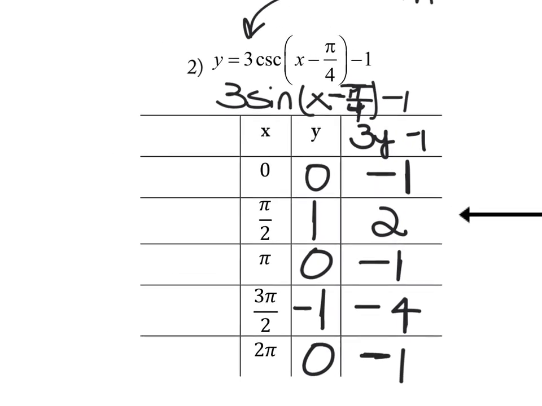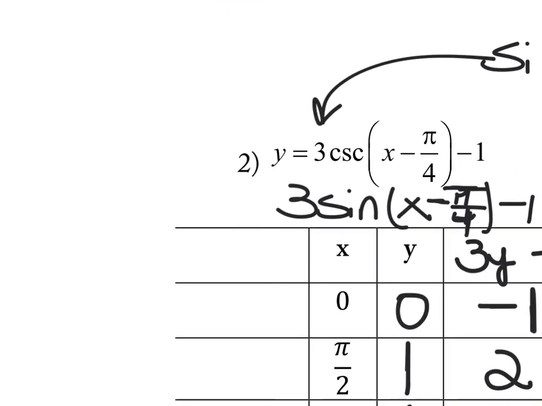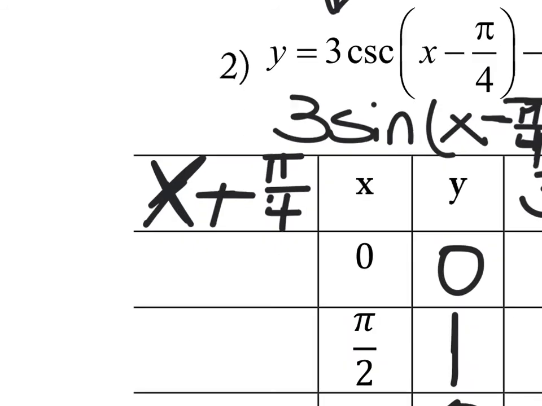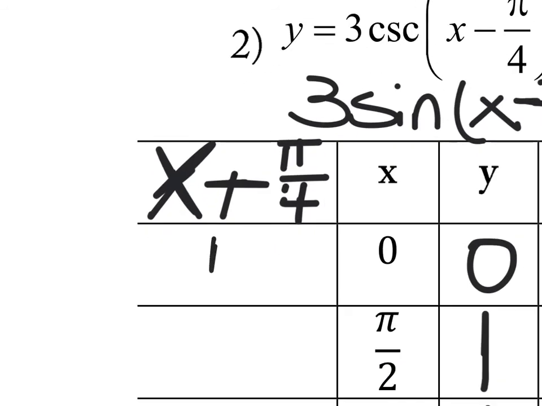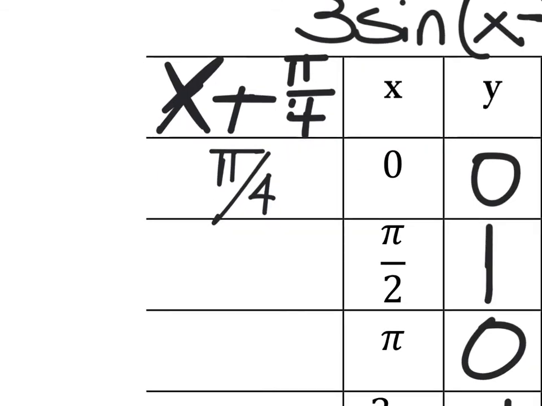So now for my x values, we're shifting all of them right pi over 4. So it's going to be x plus pi over 4. Okay, so 0 plus pi over 4 is going to be pi over 4. Pi over 2 plus pi over 4 is going to give me 3 pi over 4.